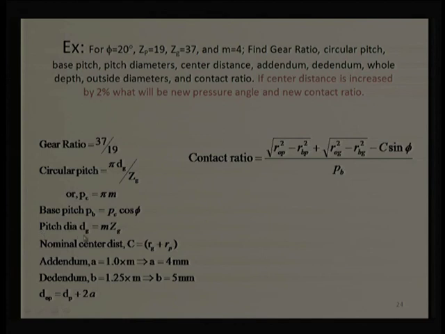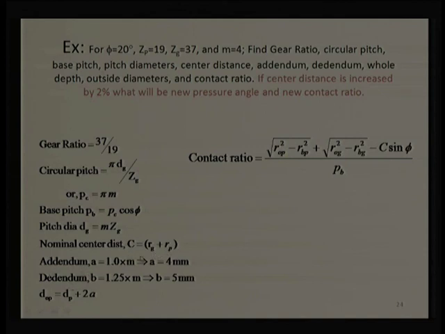The pitch diameter of the gear is m Zg. Similarly, the pitch diameter of the pinion will be m into Zp. And once we know the pitch diameter, we can figure out the pitch radius. The summation of pitch radii will be equal to the center distance, and we use the word nominal center distance, the reason being that these values are hypothetical and may change during assembly.